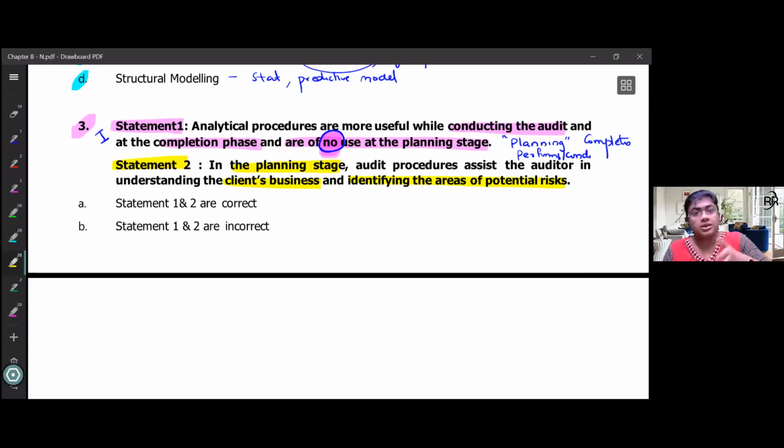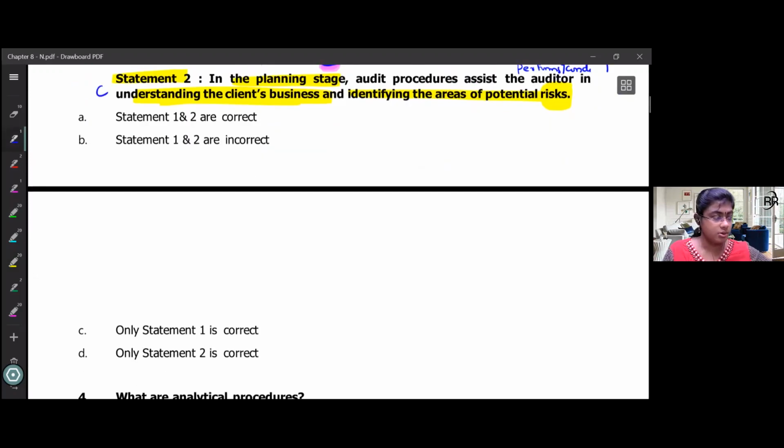Analytical procedures are useful even in the planning stage to identify where the risk is, by understanding the client to identify the ROMM, risk of material misstatement. So this statement is correct. So the answer is only statement 2 is correct.